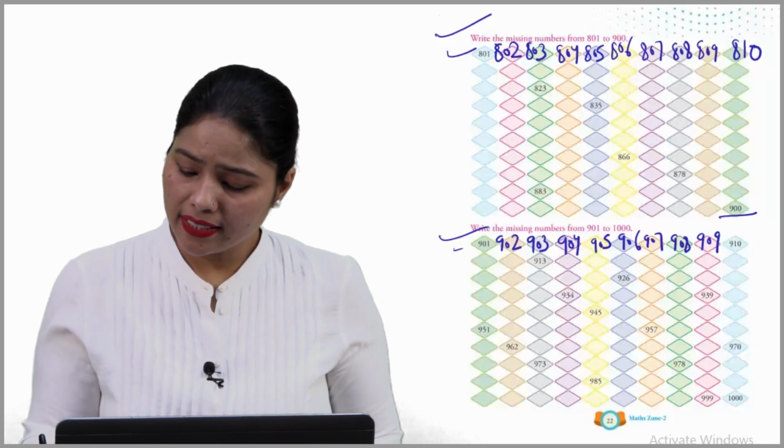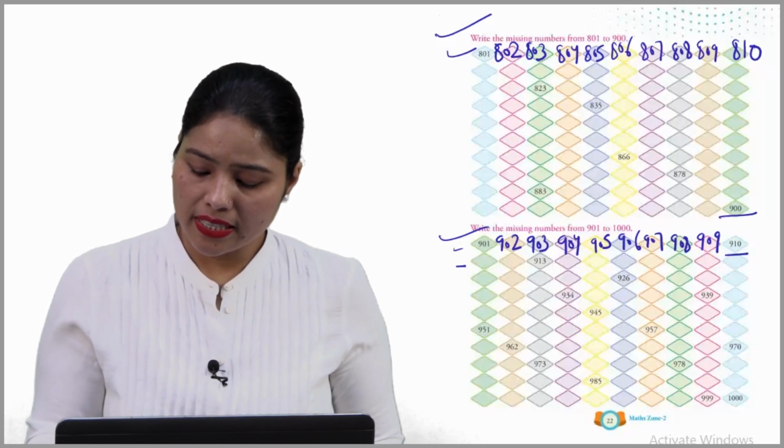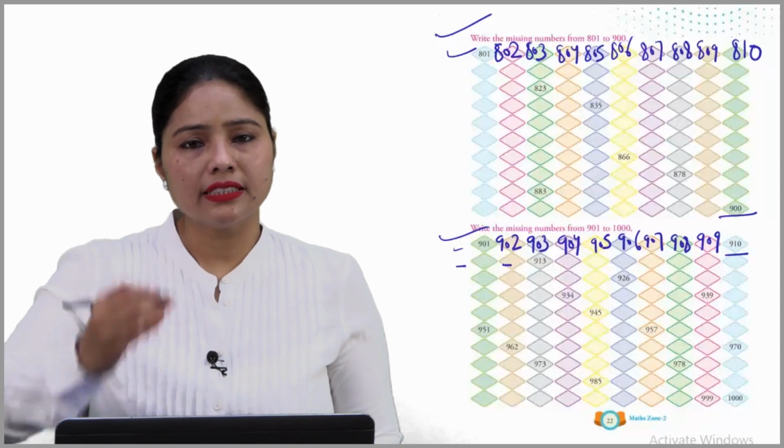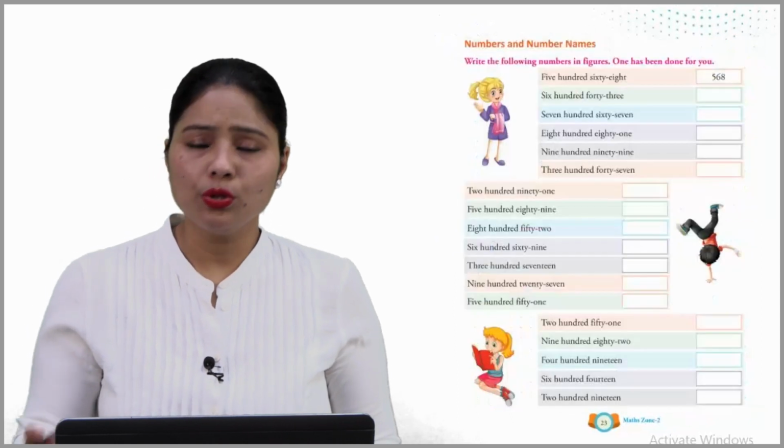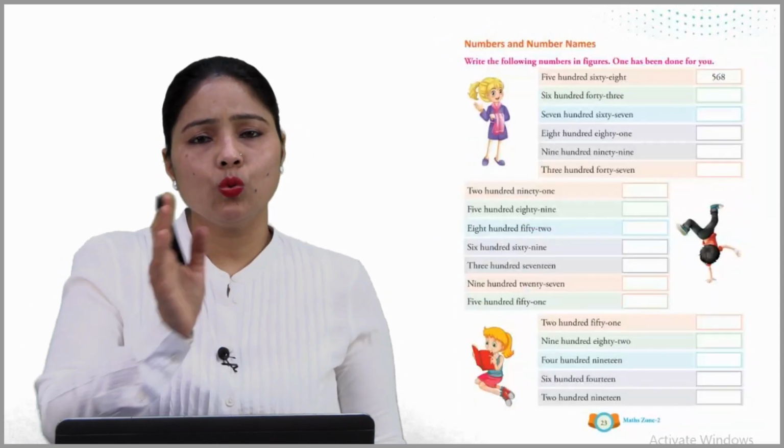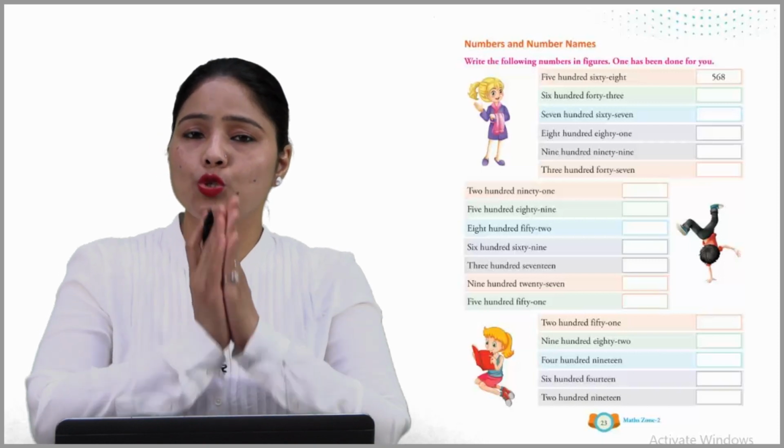After 909, 910, 911, 912, then 913, then 914, until it goes to 1000. So this is how we have to write, counting from 1 to 1000. Okay, beta? So just do practice.